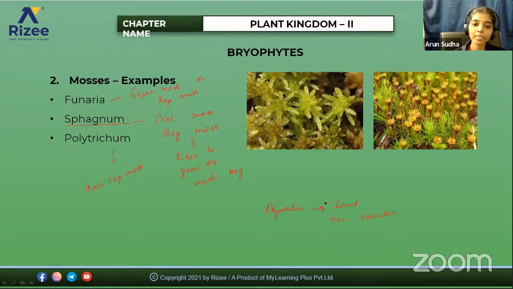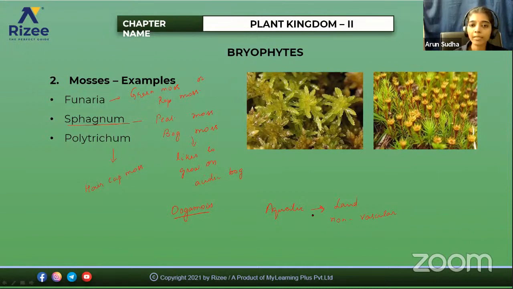We saw that in the case of sexual reproduction, it is particularly of the oogamous type. What do you mean by oogamous? That is, the female sex organ will be static, it cannot move. Here the egg is present inside the archegonium, and the male gamete is the biflagellated antherozoid. It comes and fuses with the egg cell. So sexual reproduction is of the oogamous type.